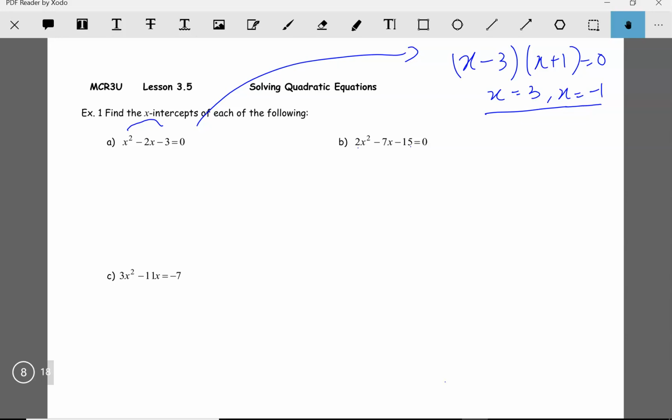Any of the methods we use for factoring will not give you the answer, because the answers aren't nice perfect numbers. They're complicated fractions, and in some cases the answers are even radicals. So it's not something you can guess and check.